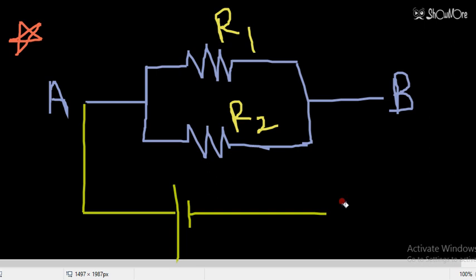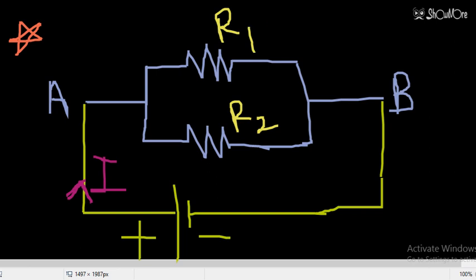So I connect a battery here again, this is the positive terminal, this is the negative terminal. Now students, again we have to consider the current here. Let's suppose this is the amount of current I. Current is coming from the battery.